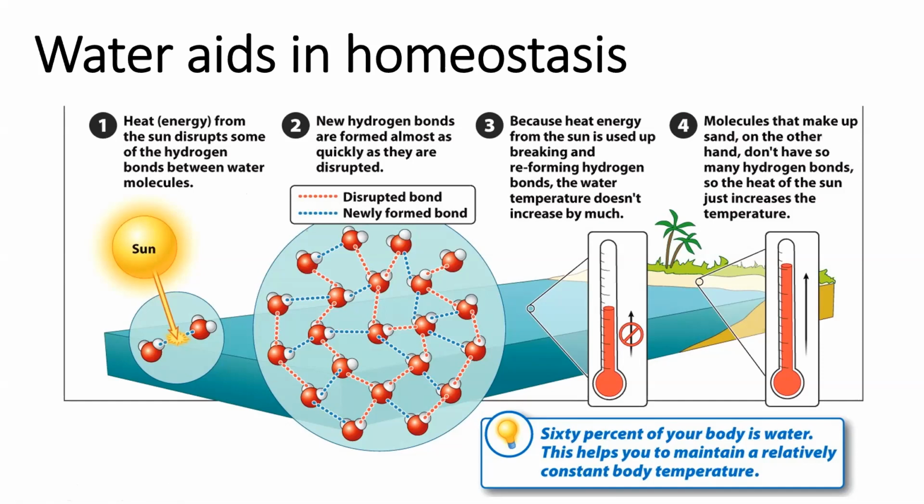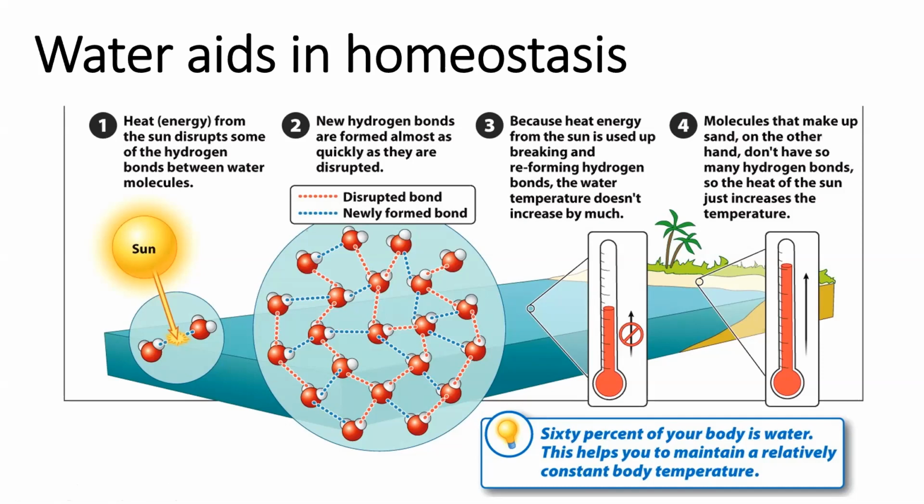So the sun is able to disrupt the hydrogen bonds between the molecules, but then just as they're quickly disrupted, they can quickly reform, and you can see new bonds forming. And again, it will not change the temperature of water, as opposed to, hey, let's look at the sun hitting the sand on the beach.